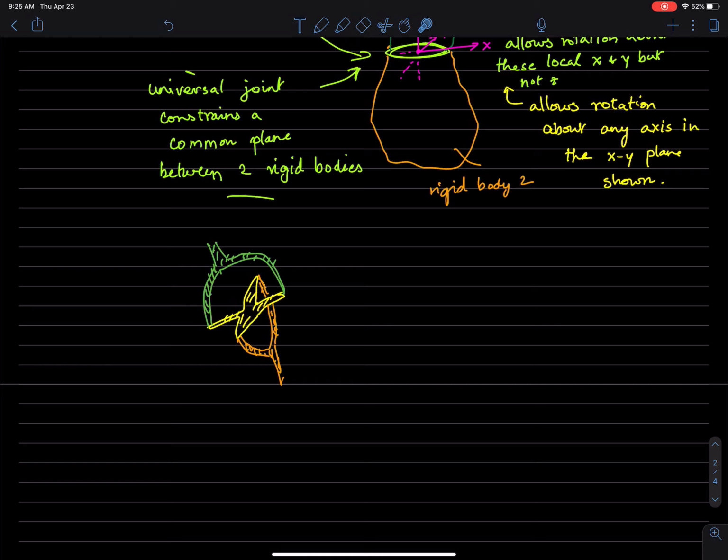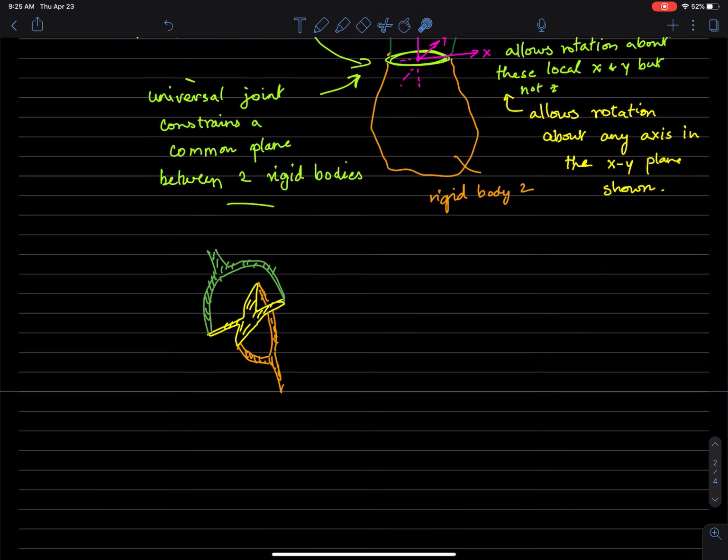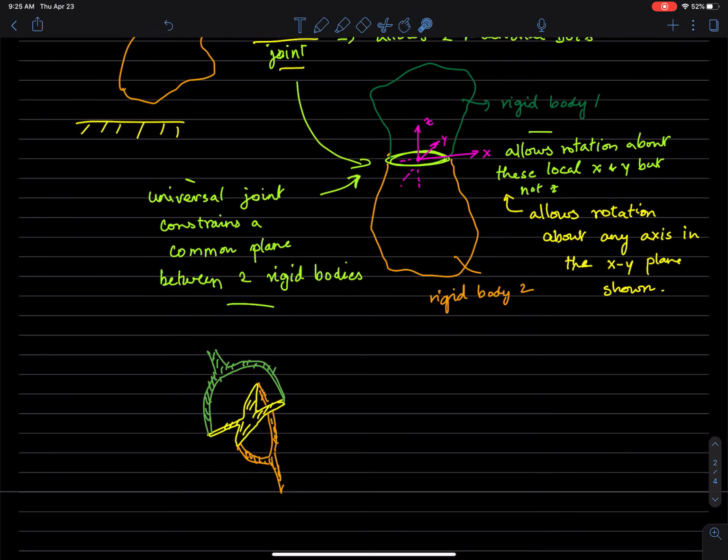Similarly, this orange rigid body can rotate about the yellow rigid body about this axis. So effectively, this green rigid body can rotate about the orange rigid body either about this axis or this axis. Having this intervening massless rigid body between the green and orange rigid bodies allows you to have this 2 degree of freedom rotation. That's called a universal joint.